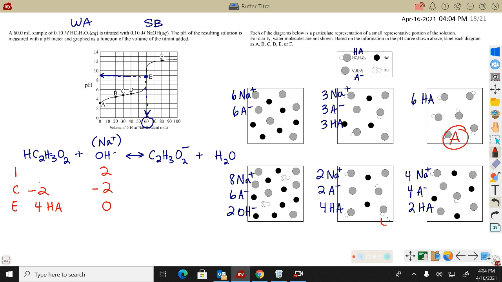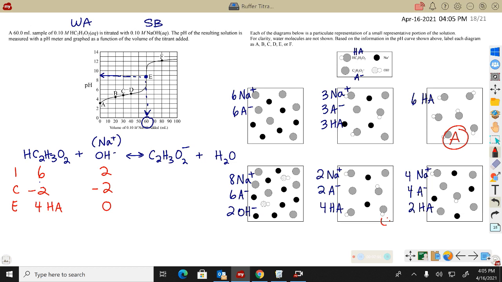Would it make sense that it would have started at 6? Or if I think about box A, that there were initially 6 of the HA. So that if that goes down by 2, I would have 4 left over. I'm calling it HA, but it really is like the acetic acid molecule. Okay, so initially, I would have had the 6 acetic acid molecules and the 2 sodium hydroxide.